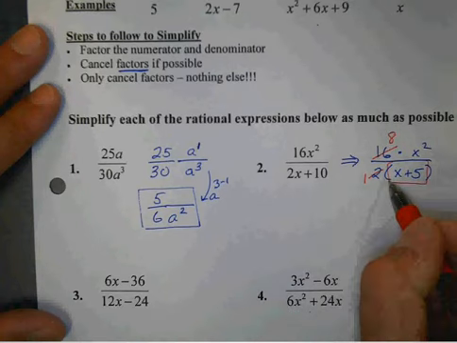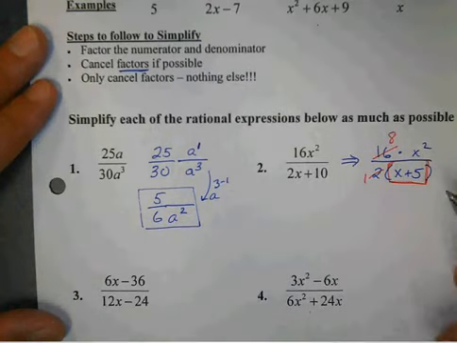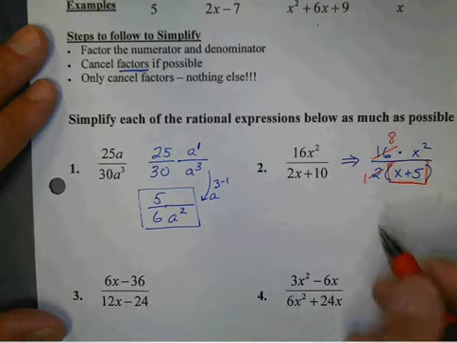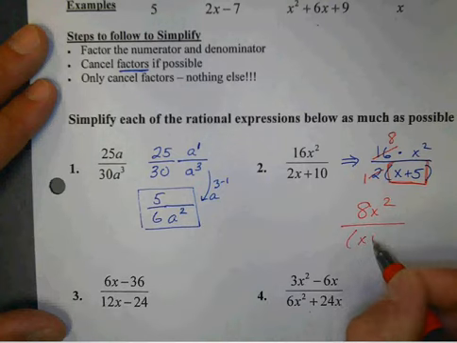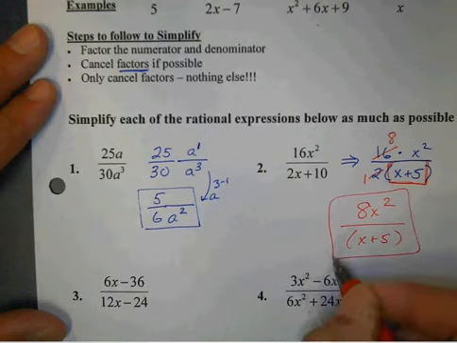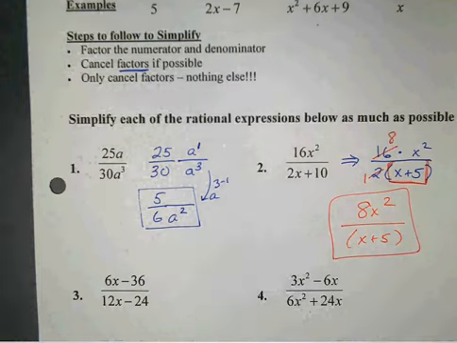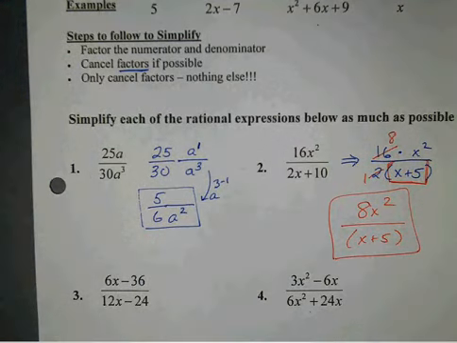That is a unit. The only thing x plus 5 cancels with is another x plus 5. So our answer here will be 8x squared over x plus 5. Doesn't cancel because you don't have an x plus 5. If there was just x out front, then it would cancel. But there's not.